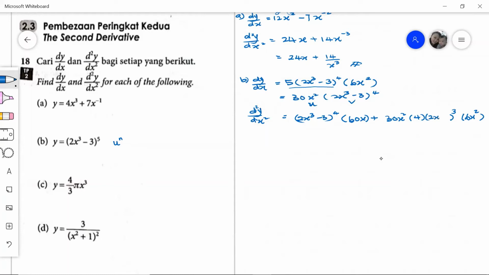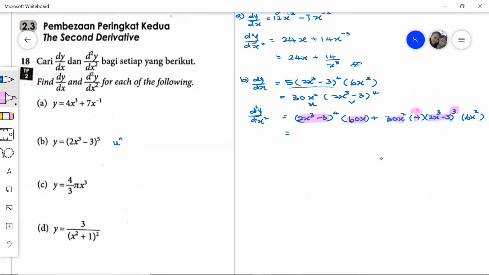So copy this. And next, let's factorize. We see 2x cubed minus 3 in 2 terms, and we take out the power 3, and then we can take out the 60x. So 60x, one of the x, and half of 4.